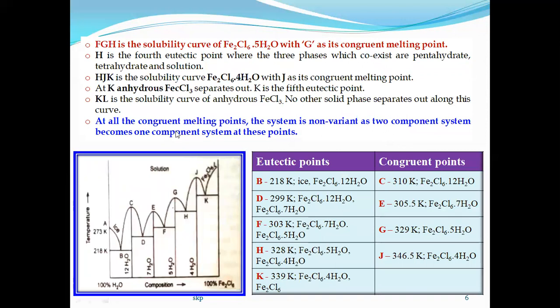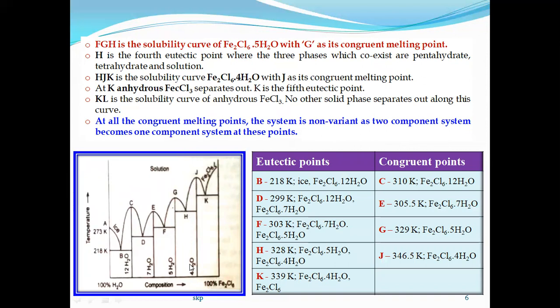In a similar way, FGH is the solubility curve of ferric chloride pentahydrate, where G is the congruent melting point of pentahydrate. Further, H is the fourth eutectic point where three phases coexist: pentahydrate, tetrahydrate, and solution.